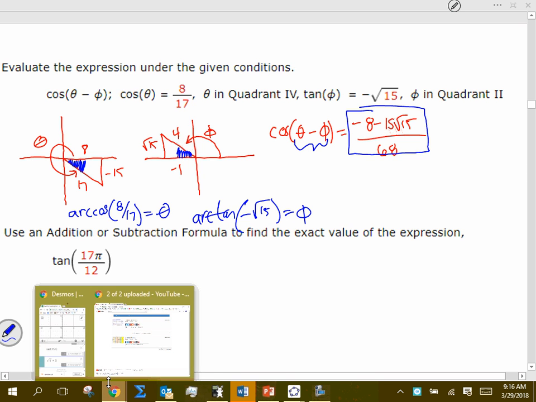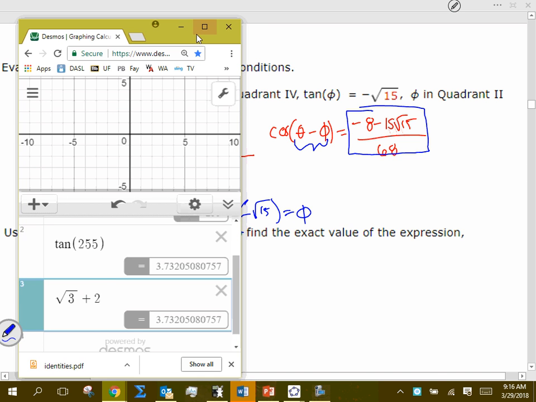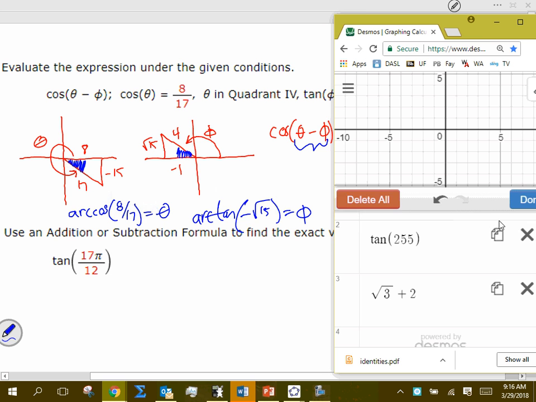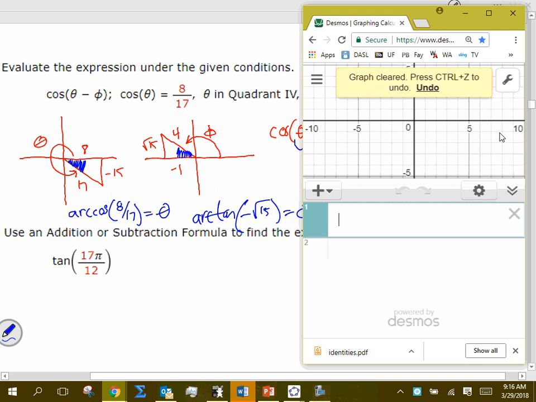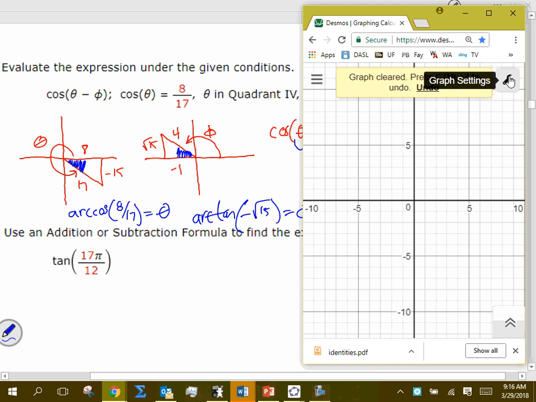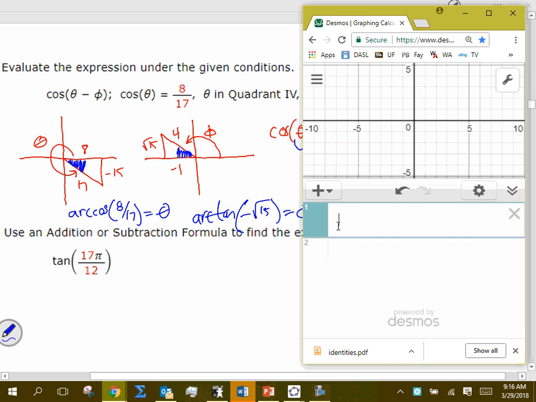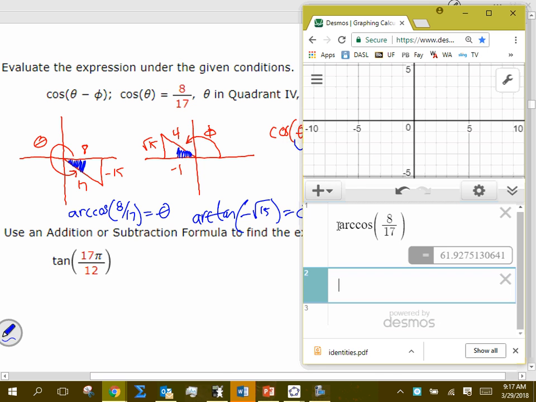So I'm going to grab our calculator. Just because it makes things simpler, I'm going to do everything in degrees here. If I figure out what arc cosine of 8 divided by 17 is, it gives me 61.9, right? Now think about this.